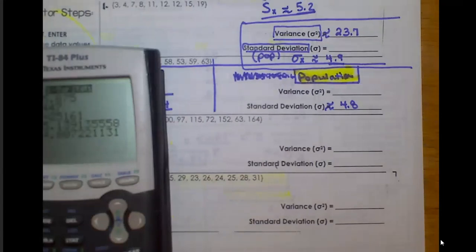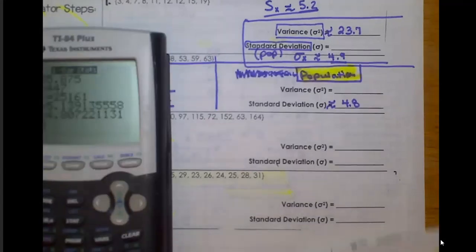I'm going to now write down my population one, which was 4.807221131. And I'm going to square it, and I get 23.1 approximately.